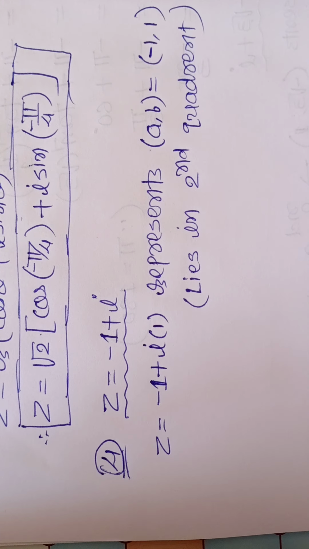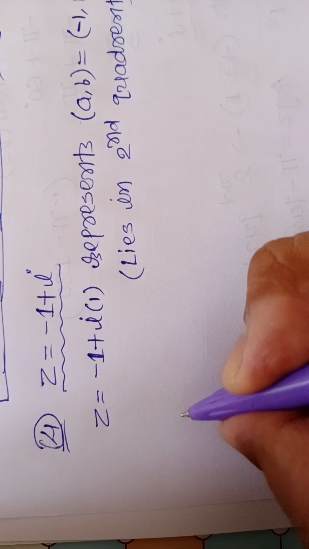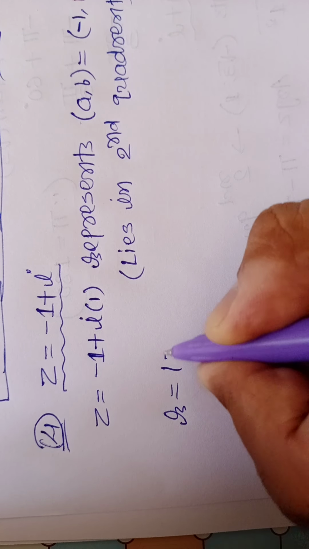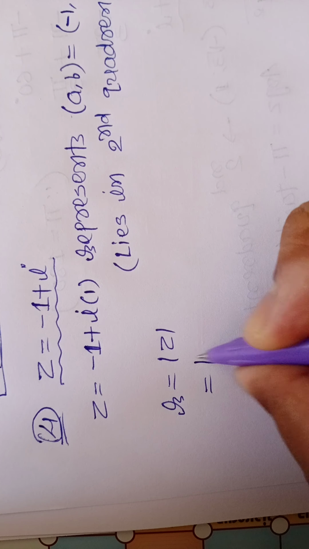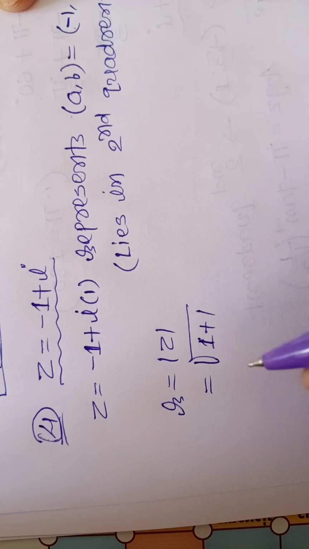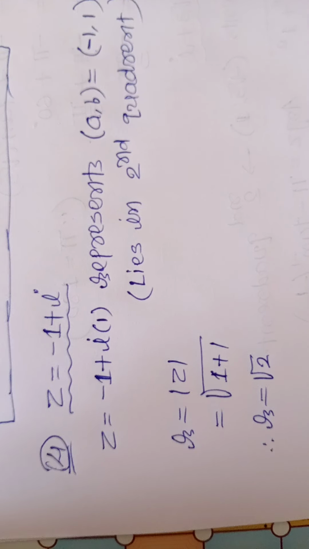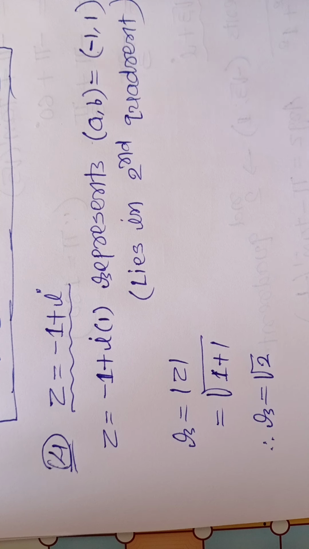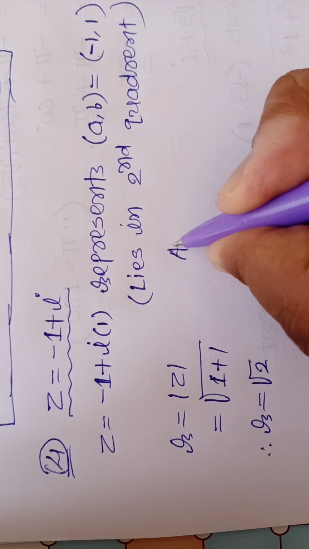Now two important things we have to find, r and theta. So r is modulus z, we know that. So under root, minus 1 square is 1 plus 1. So r is root 2. Once again r is root 2. But what about the argument of z?